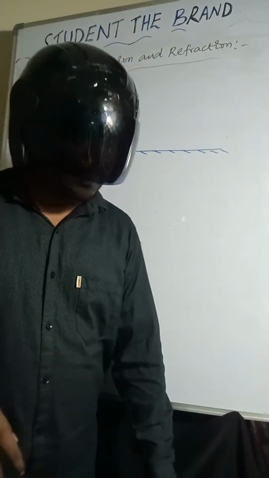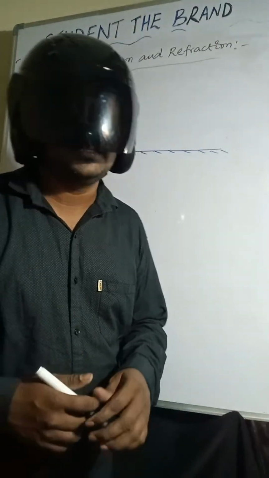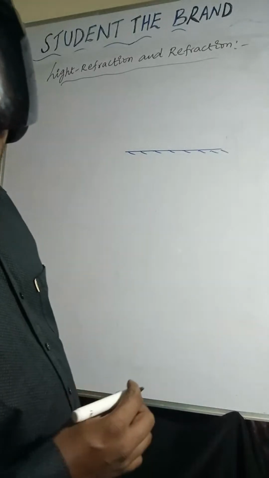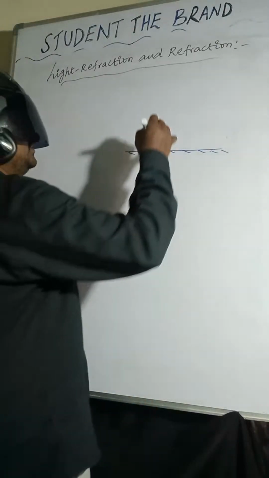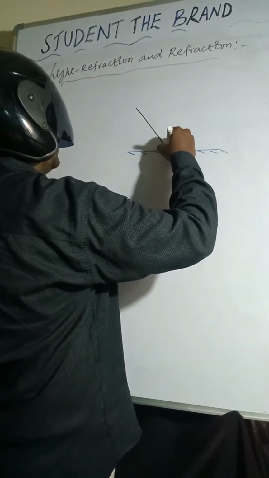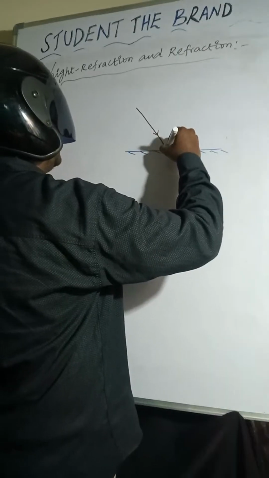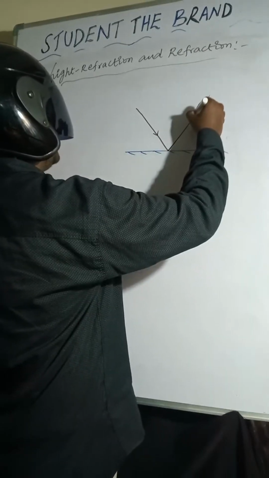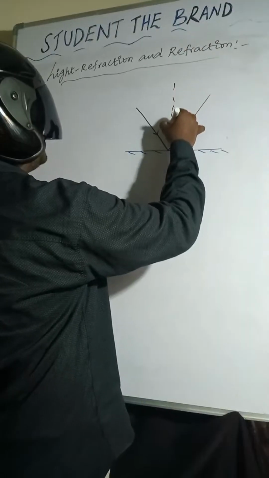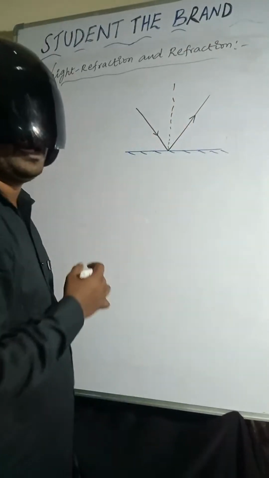If a light ray is incident on the surface, this is the incident ray and this is the reflected ray. The line which is perpendicular to the plane surface is called the normal line.